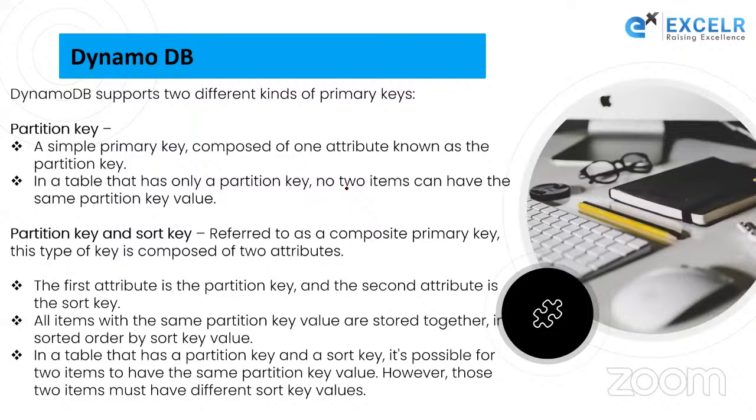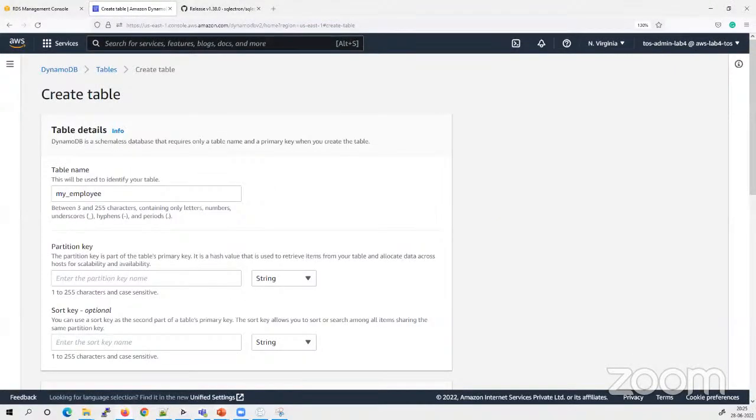For example, we have created a table of employee. So in this employee table, I will use an employee ID. We are going to use employee ID as the data for it. Okay, so here is my partition key.